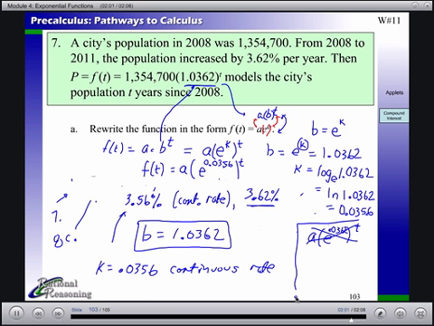Okay, so now try 8. Now that you have a little context. So try 8, and then after you finish 8, same thing. What's the actual percent decrease? What's the growth factor? What's the continuous rate of decrease?